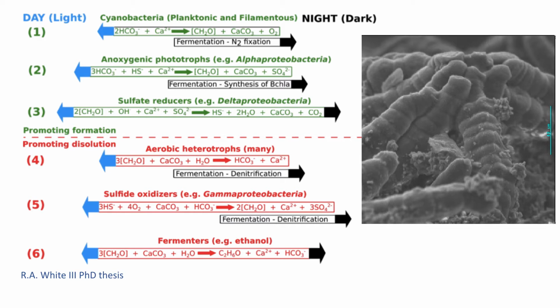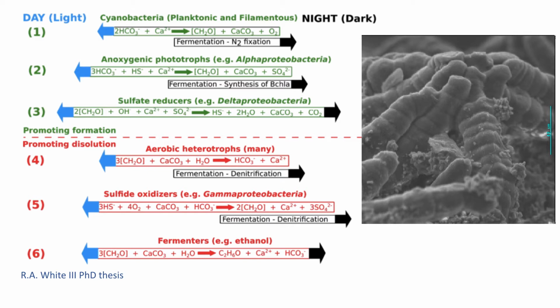In this microscopy image, we can see filaments of cyanobacteria and associated minerals at the base of those filaments. And I'm going to talk to you more about that. But basically, there are metabolisms like photosynthesis and reduction of sulfate that promote carbonate mineral precipitation.